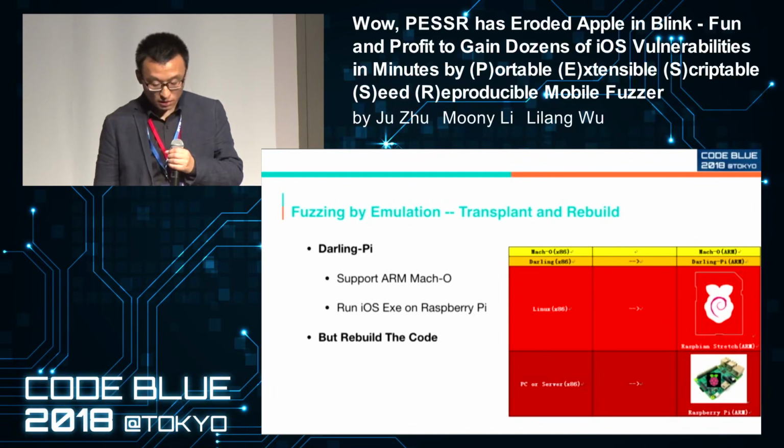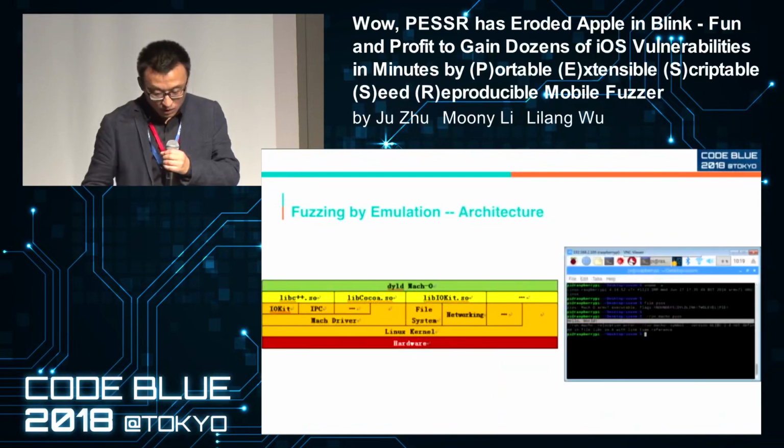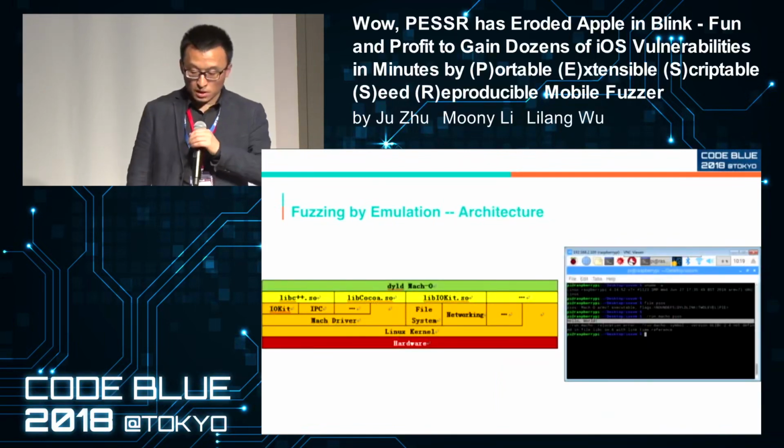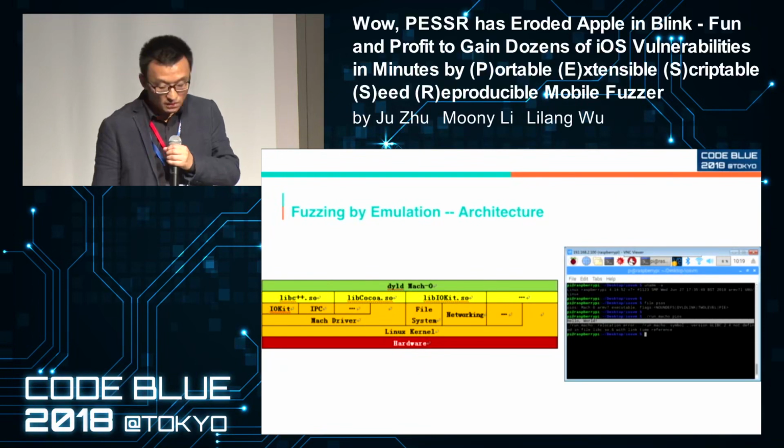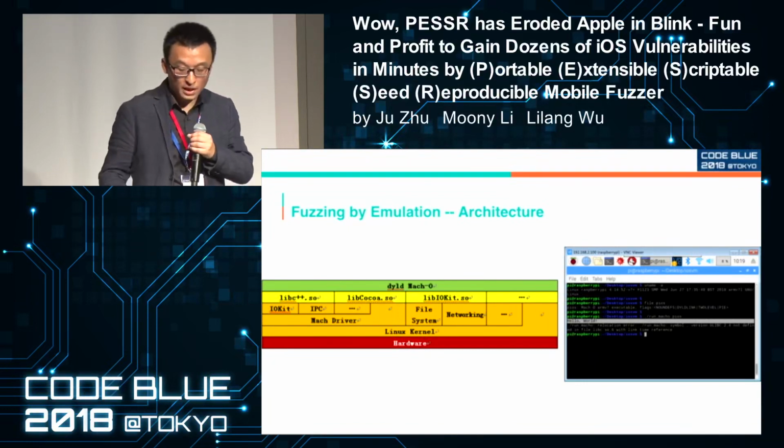But we just borrow its source and rebuild the code. Through the port, we have implemented a dynamic loader that can load Mach-O and the runtime system libraries and framework implementations to enable iOS executables to function.